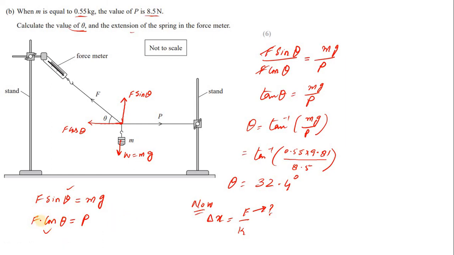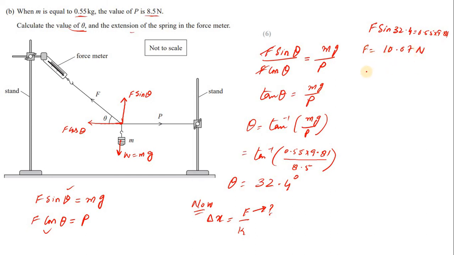I am just using F sine theta, so F sine 32.4 is equal to m, 0.55 times 9.81, and you make F the subject, divided by sine 32.4. So if you do that, F would be equal to 10.07 Newton. This is the force.